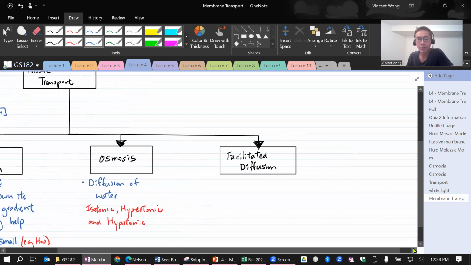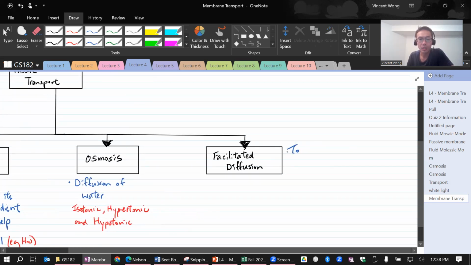So this is to move large and or charged molecules across the cell membrane.